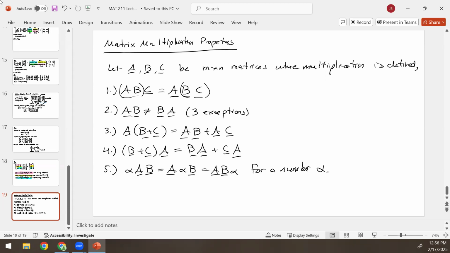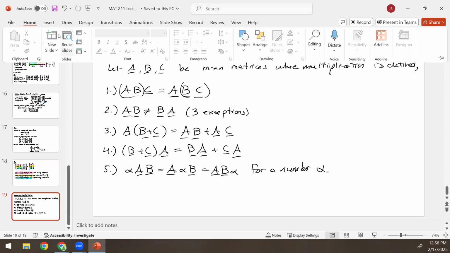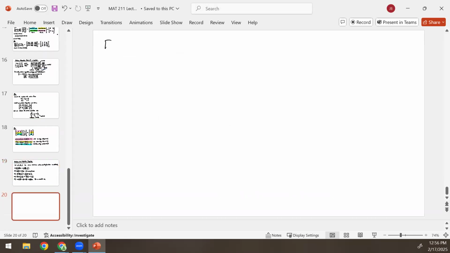So we're going to practice one example of using these properties, and then that essentially covers matrix multiplication in its entirety. So example: let A be equal to 1, 2, 3, 4. B be equal to 5, 6, 7, 8, 9, 10.